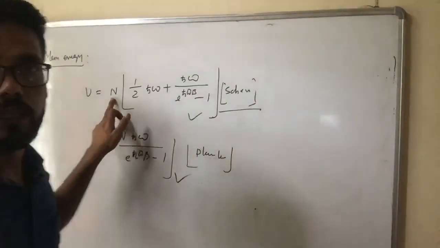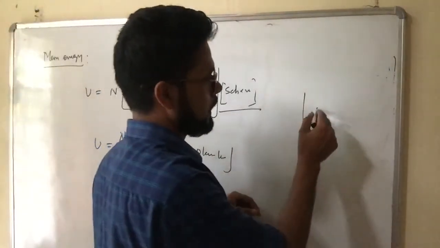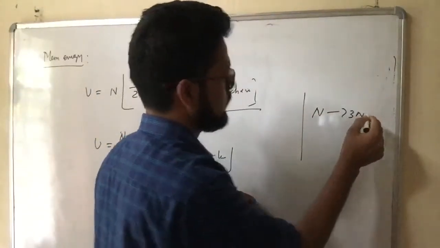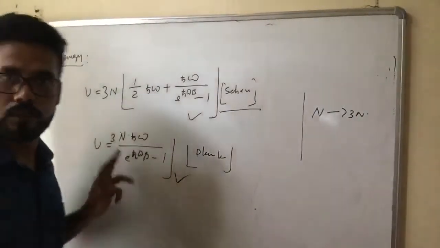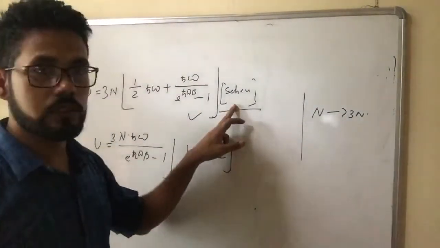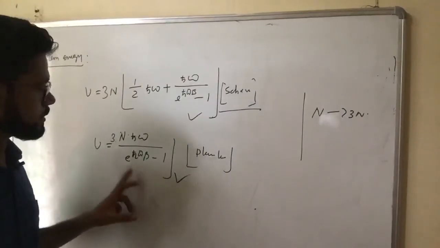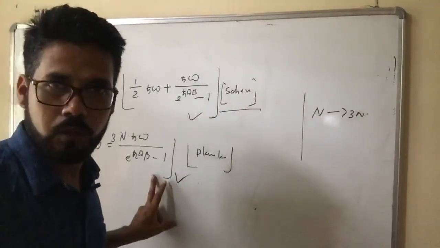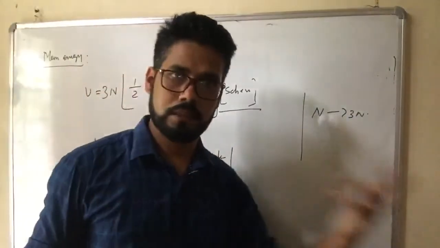This is for a one dimensional harmonic oscillator. For n atoms, meaning 3N harmonic oscillators, you have to multiply accordingly. This is the energy for specific heat of solids. Using the Schrödinger oscillator you get this expression, using the Planck oscillator you get this. This equation is already used in the Debye and Einstein models. After that there is an integration that I will discuss after this portion.